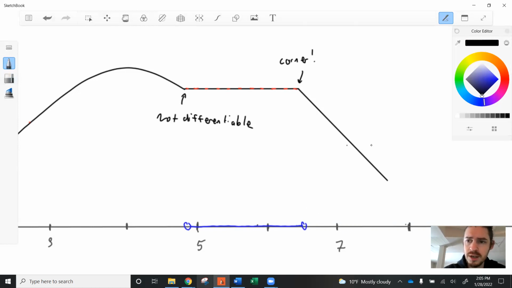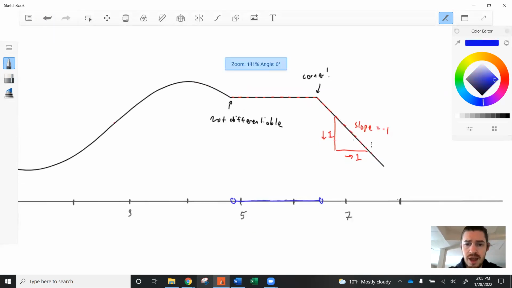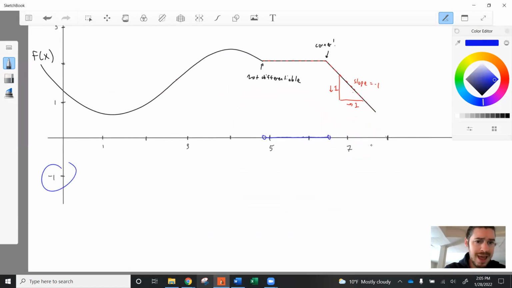Now what's going on over here, we have tangent lines that have this slope. Now what is that slope? If I go down by some amount, how much do I go over? This looks to be approximately down 1 unit, and then to the right by 1 unit. So this slope should be -1, right? So that means that what I want to do is find -1 on my y-axis.